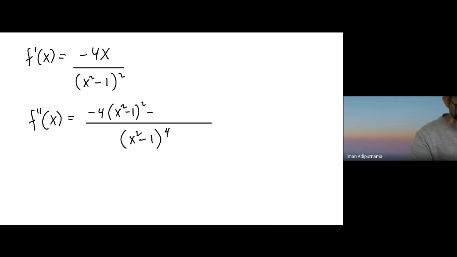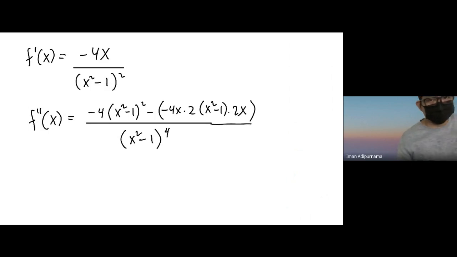minus 4x times 2 (x squared minus 1) times 2x.